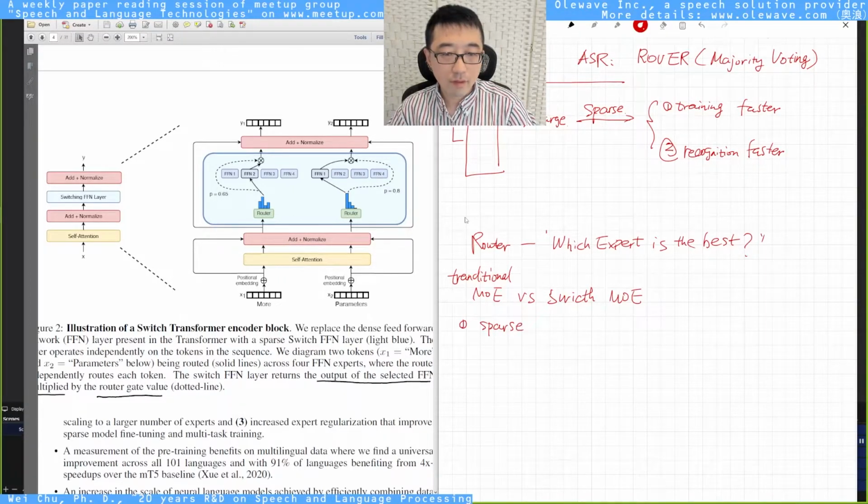In training, you only have to calculate the output of just one feed-forward network. And also during inference, you only need to pick one of the feed-forward networks and get the inference result. So it reduces the computational cost by a factor of N, where N is the number of your experts.